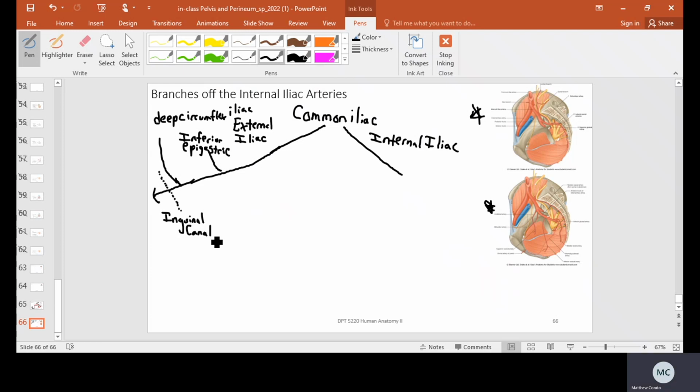Like a lot of the roads around here. It's going to change names to femoral artery. So understand that the femoral artery is simply the distal continuation of the external iliac artery. That's all it is, okay?